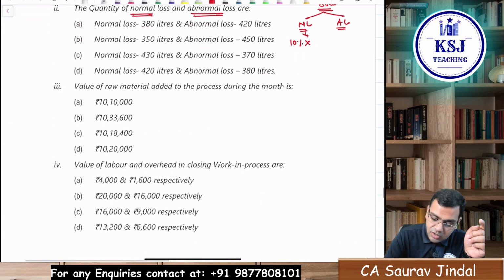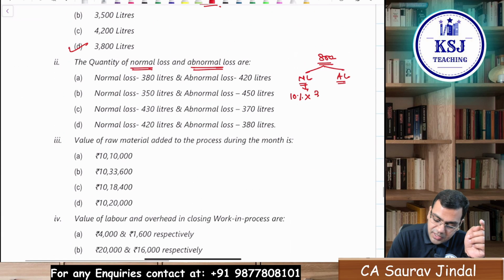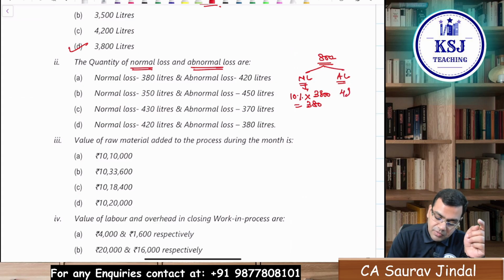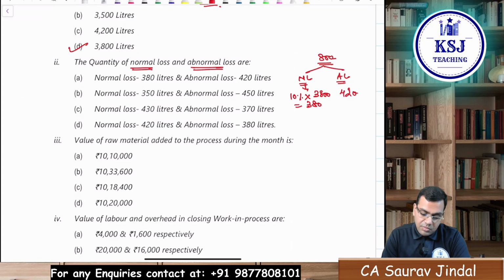So what will be your normal loss? That is 10% of 3800, that is 380. So 800 minus 380, that is your 420 is your abnormal loss. So normal loss, so it will be what? It will be option A for you, that is normal loss of 380 liters and abnormal loss of 420 liters.